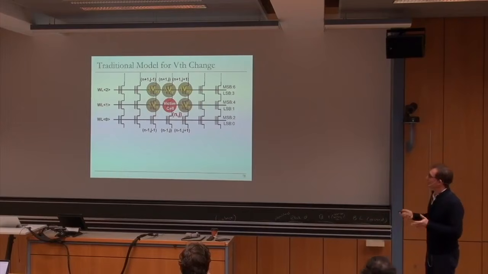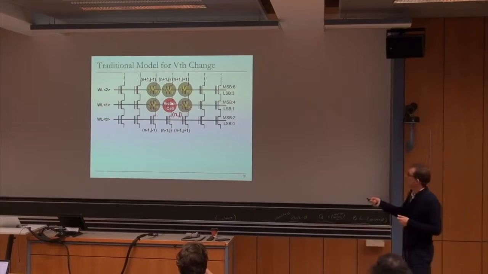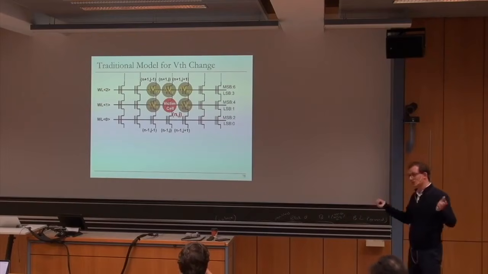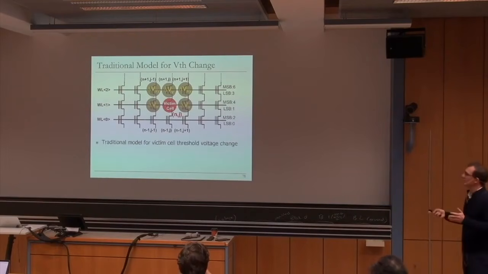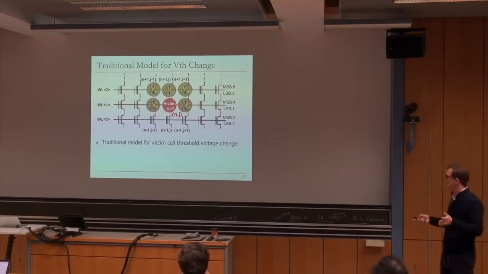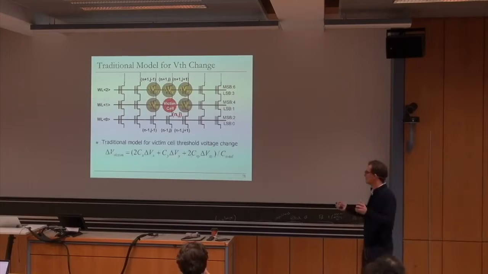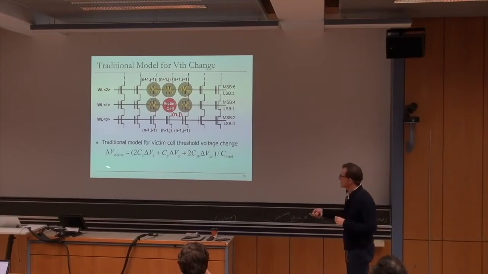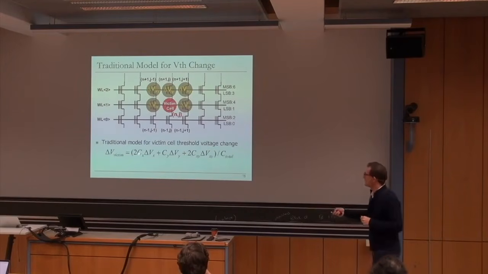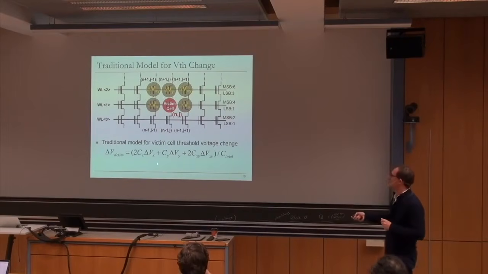We're going to try to model the change in the victim cell's voltage based on the programming of adjacent cells. So a traditional model that people have proposed and have been trying to use for some time was like this. Basically, this is the change in the victim cell's voltage level when adjacent cells are programmed. It's based on coupling capacitances and how much things are coupled to each other.